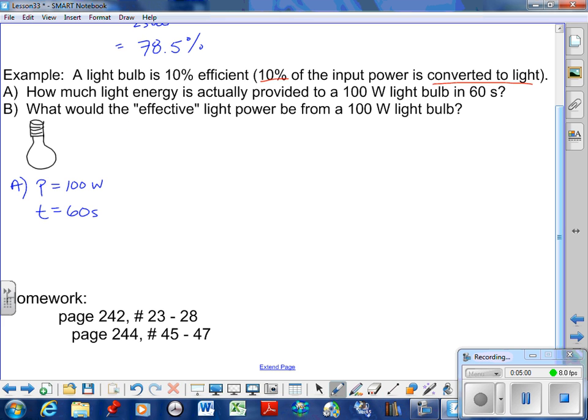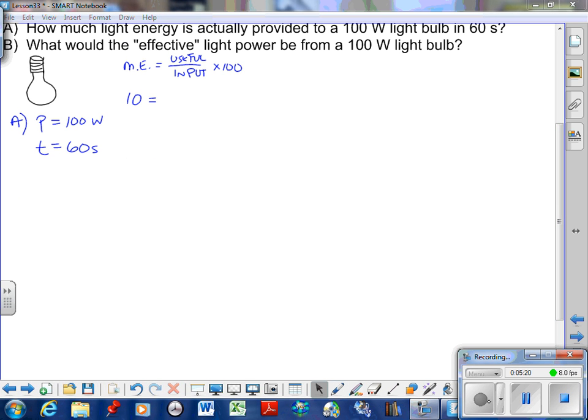So using our formula for efficiency, mechanical efficiency equals useful over input times 100. So 10% is equal to, what was useful was 10%. So then when I wanted to do that calculation, I've got to figure out how much energy was actually involved here.